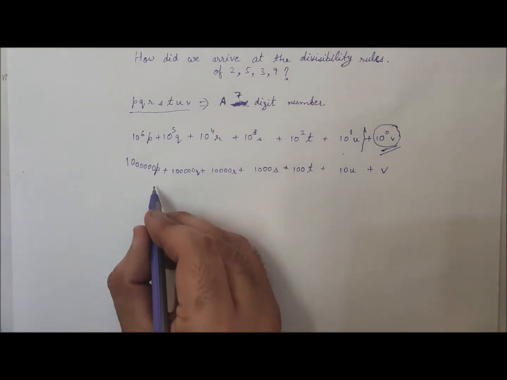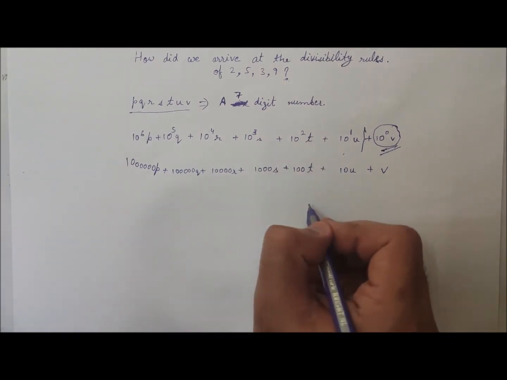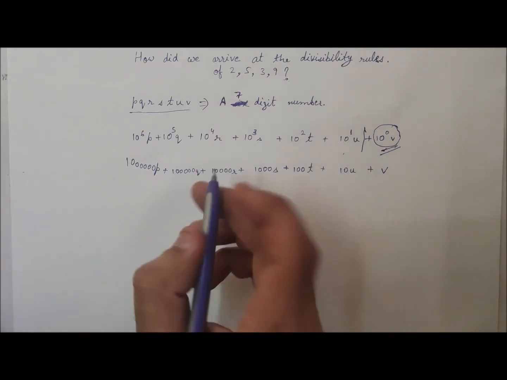Now if I take 1P, 1Q, 1R, 1S, 1T, 1U out of the equation, let's see what happens.